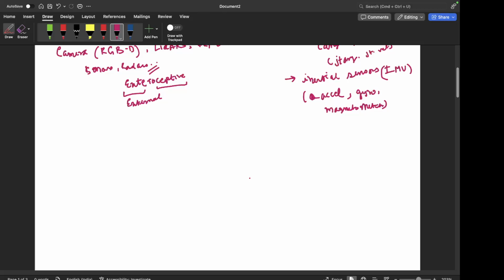Any questions before I start on the modeling part? Because then modeling would be an extended discussion. It would be covered in many different weeks because we would first discuss kinematics, then dynamics, then control. Right, so let's get started with it.